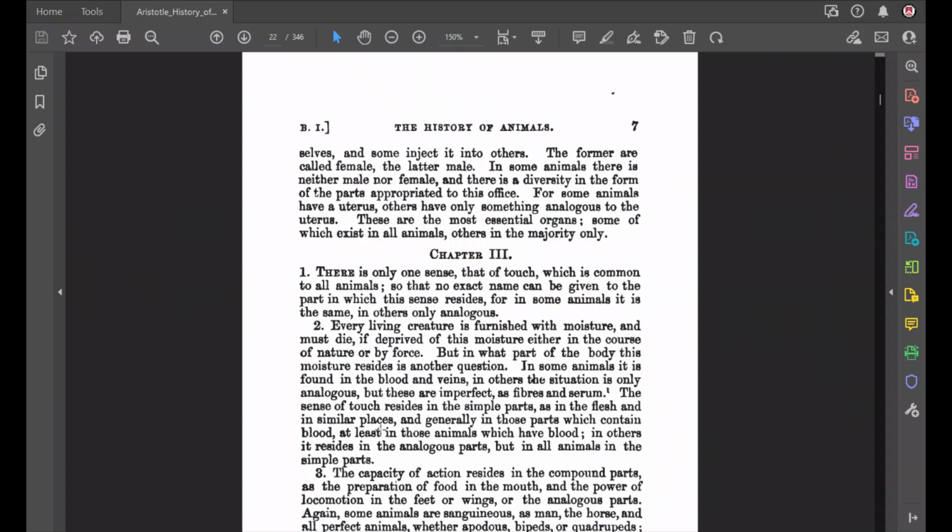The essential organs of the animal, if you think about it, they're like the organs of life, right? They're the organs by which we grow and reproduce. We said that these principal organs that he listed, one was the mouth, the stomach, and then he said the bladder and the belly.